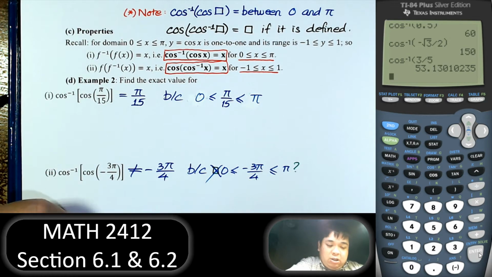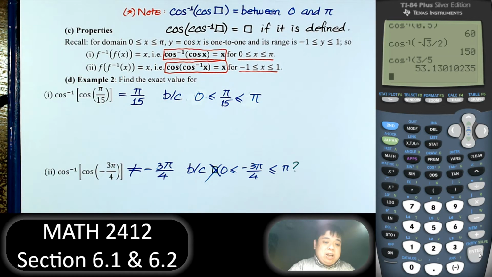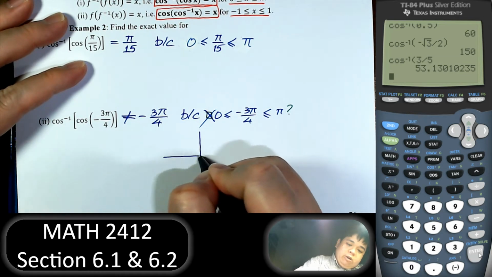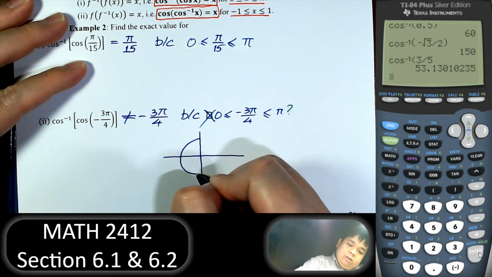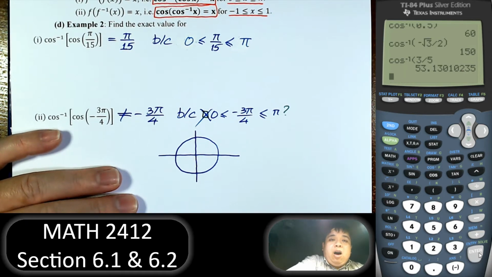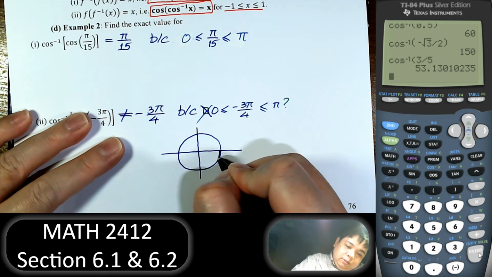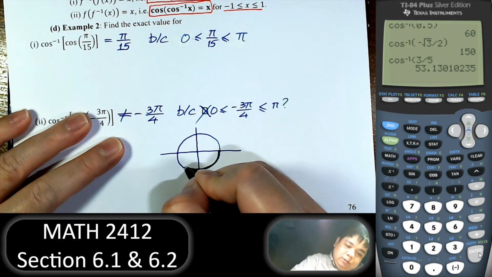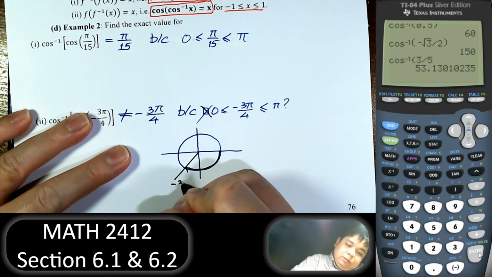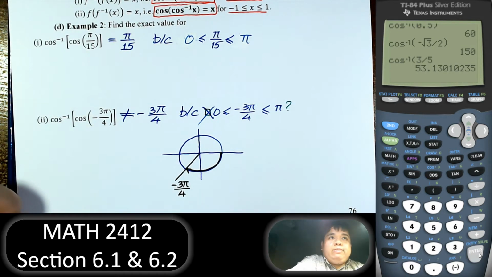It will cancel out if it is between 0 and pi. Now, we know the answer has to be between 0 and pi. So let's try to write where negative 3 pi over 4 is.